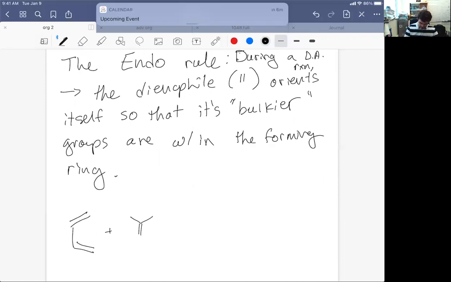What I'm going to do is put H's on one side of the dienophile and then put sort of stuff on the other side of the dienophile. And we'll have the stuff be cis to each other. So this would be a Z alkene or a cis alkene. Now I'm going to do the Diels-Alder reaction such that the stuff is first of all cis to each other, but also down.